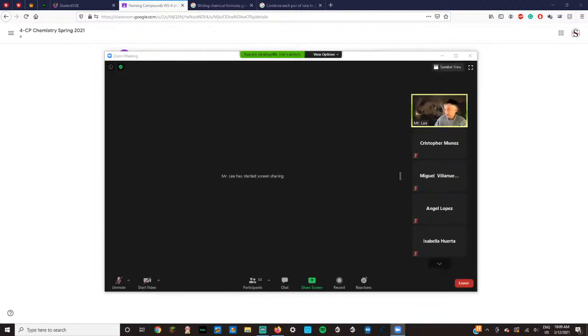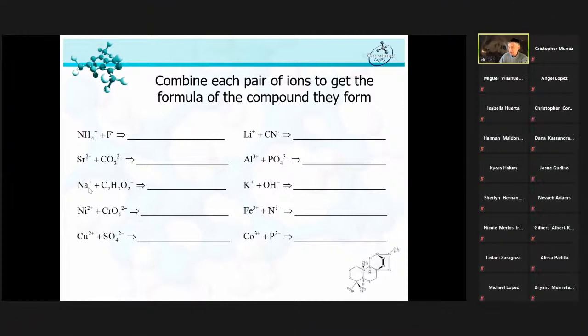Because these are already of equal charges, the positive and the negative, all you have to do is put the formulas together. So NH4F becomes ammonium phosphide, ammonium fluoride, I mean. This is strontium carbonate, and this is sodium bicarbonate. This is nickel chromate.